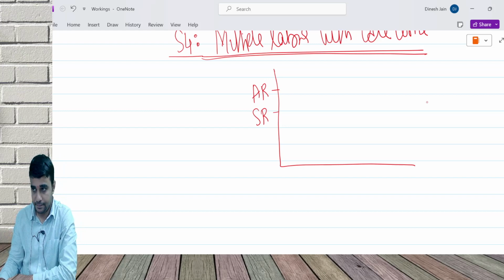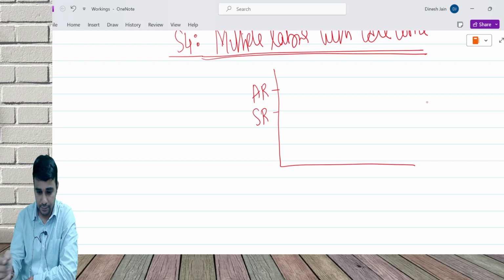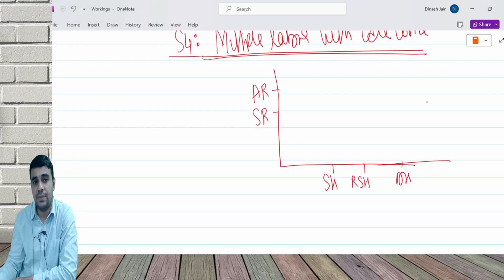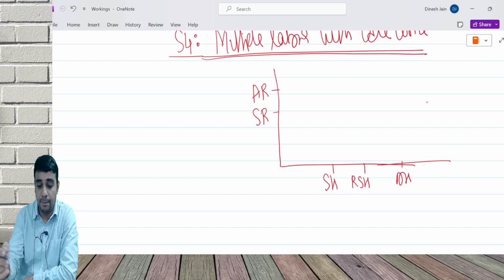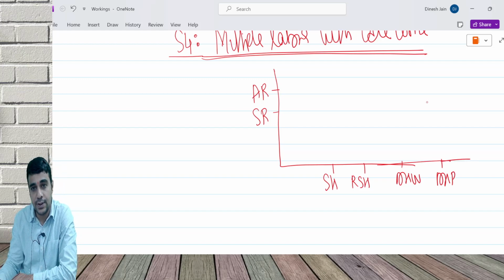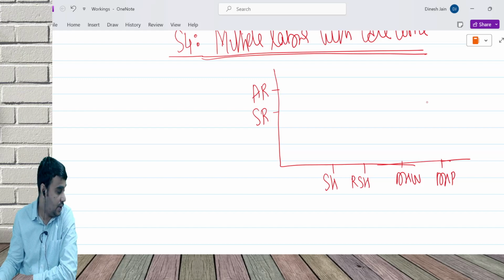SR and AR. Listen for a minute. SH, AH, because it's multiple, in between RSH will come. And because there is idle time in this question, AH will become AHW and AHP. So now write SR, AR, and this side SH, RSH, AHW, AHP.